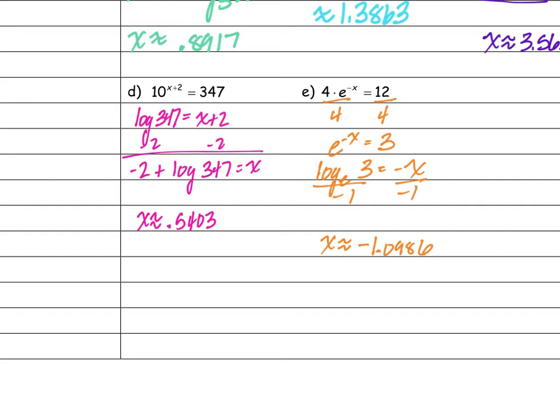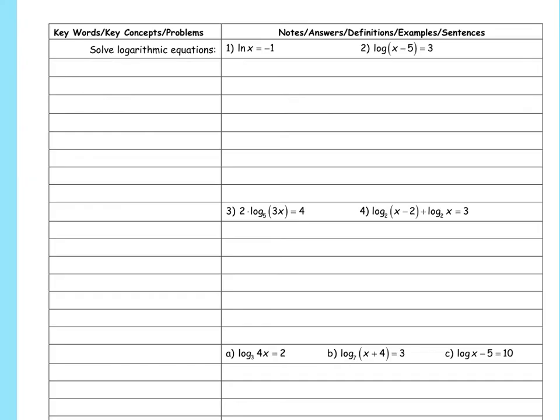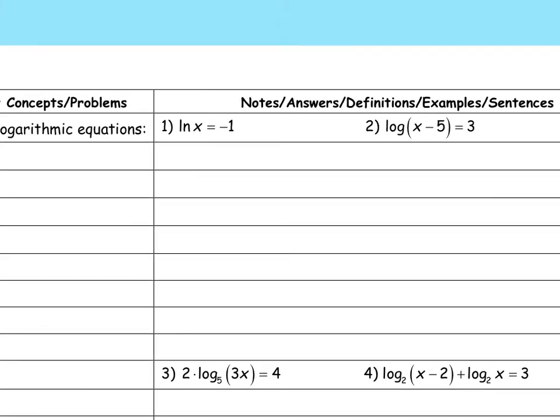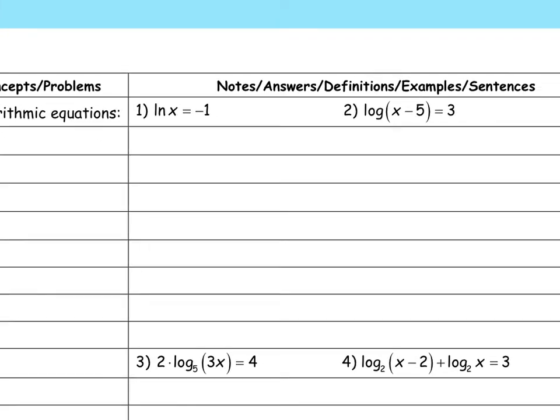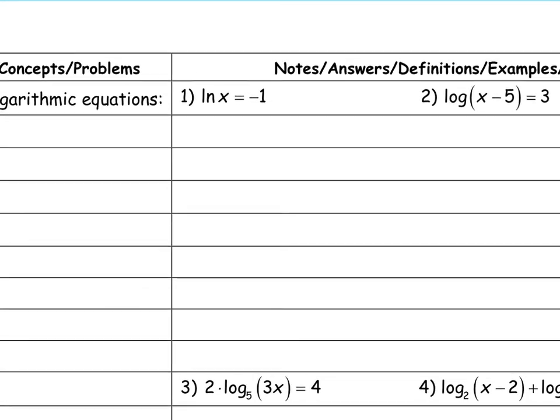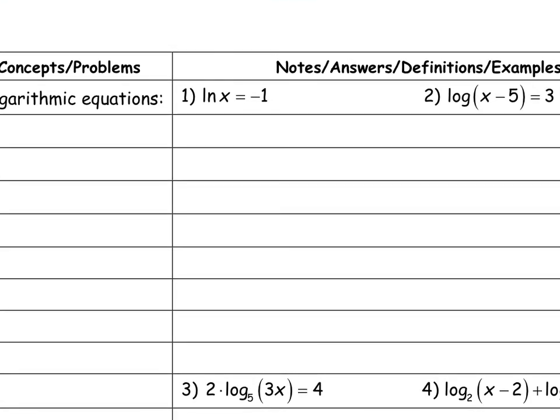Okay, we're going to go ahead and go to the second page. So we've done exponents. Now we're going to go to logarithms, right? So we're going to do logarithmic examples first, and we're going to start out with the natural log. Basically, if I have a logarithm and I don't know how to solve it, I switch it to an exponential. So in order to switch a natural log to an exponential, I actually have to put it back as log base e of x equals negative 1.